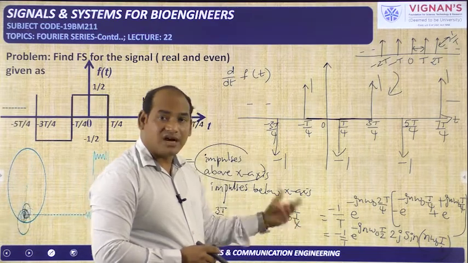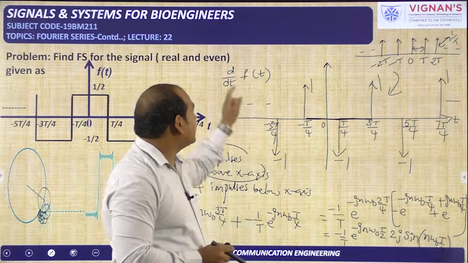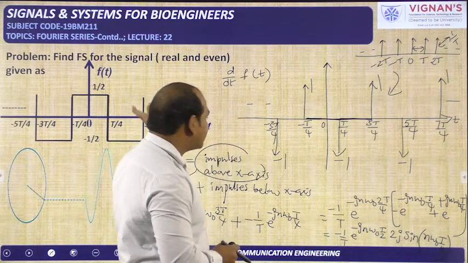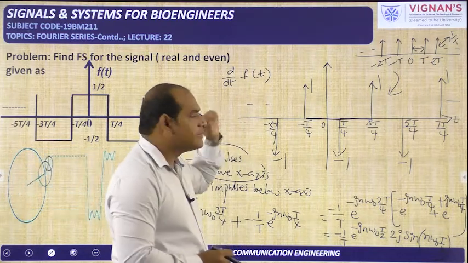This is the coefficient for d by dt of f of t. The given thing is f of t, we differentiated it and got d by dt of f of t.